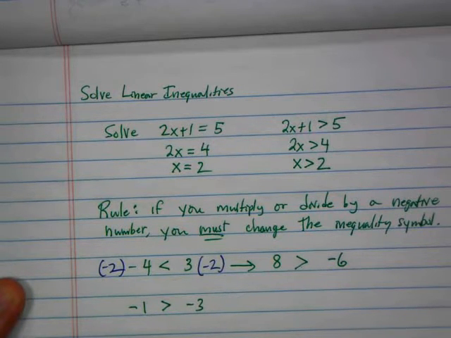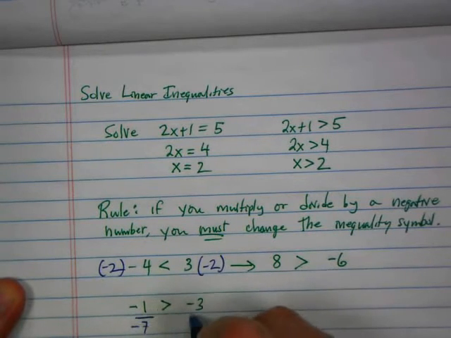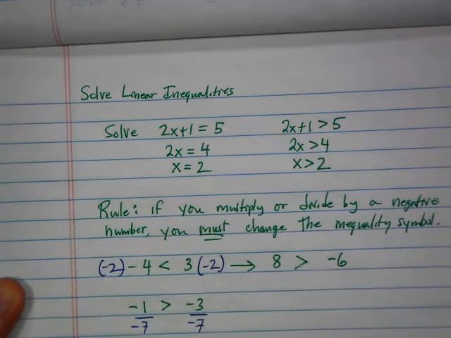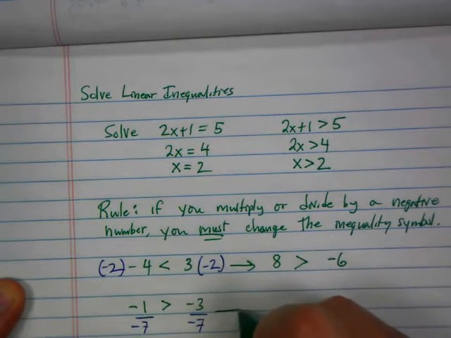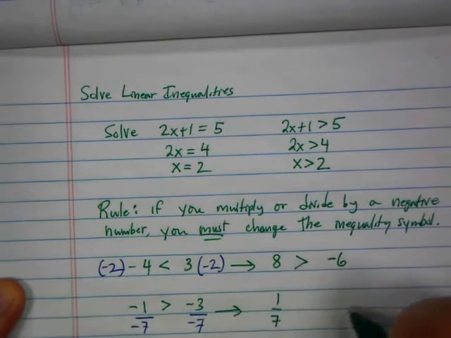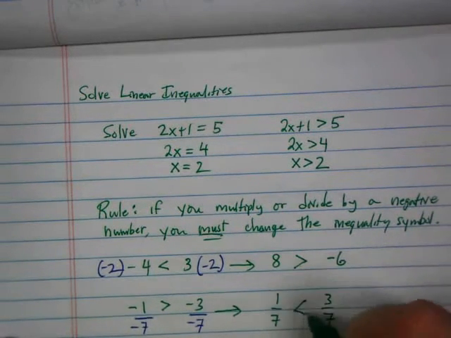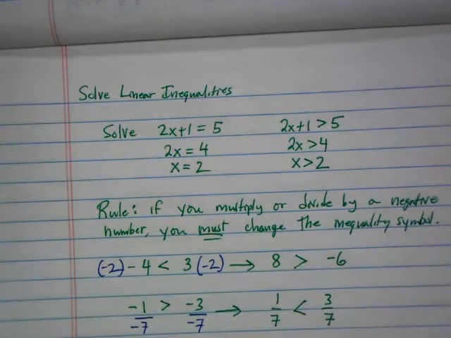I was hoping you'd pick an easier number, but we'll go with -7. If I divide both of these by -7, I now have 1/7 on the left, and 3/7 on the right. Which way does my symbol have to go? I have to change my symbol. 1/7 is less than 3/7.